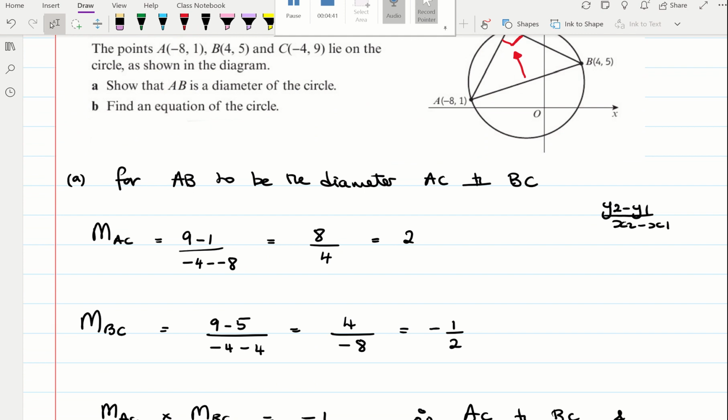So that's part A. Part B says find an equation of the circle.